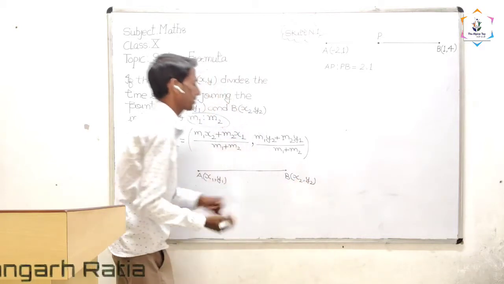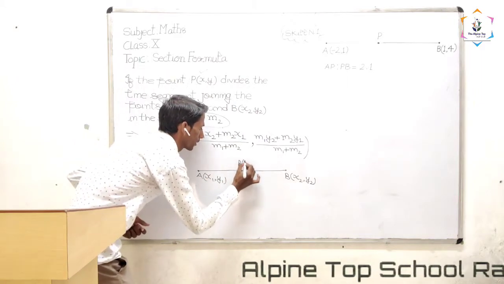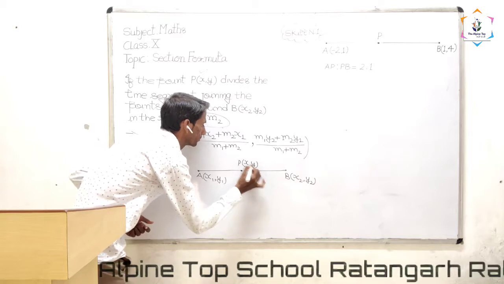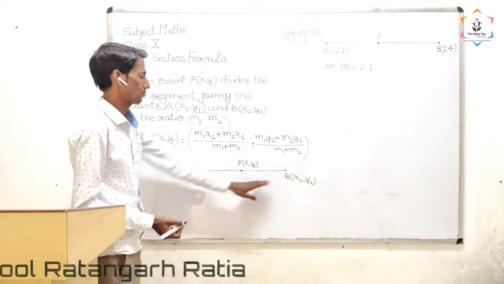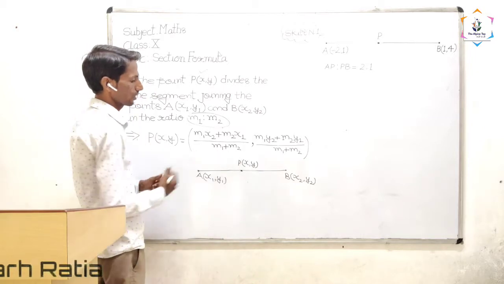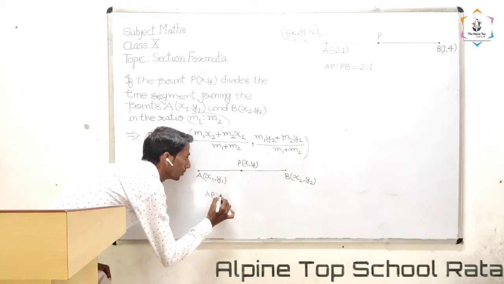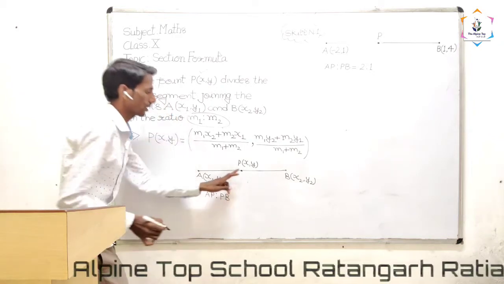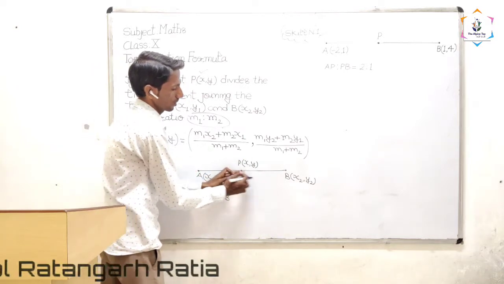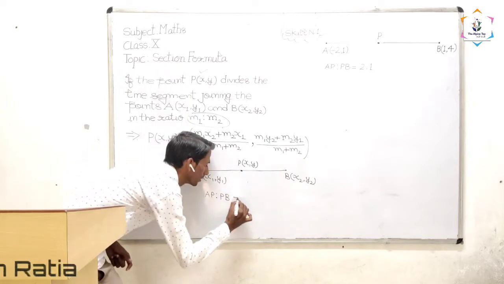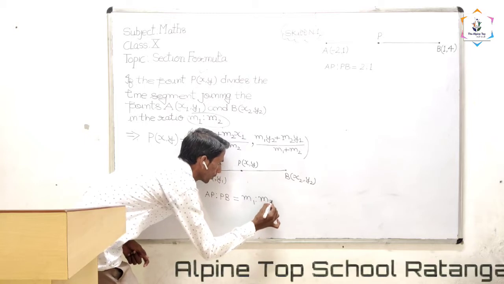Suppose there is a point P with coordinates x, y, and this point P divides the line segment joining these 2 points in the ratio m1 to m2. It means we can say AP to PB, because point P divides the line segment AB into 2 parts, AP to PB, which I have noted here in the ratio m1 to m2.